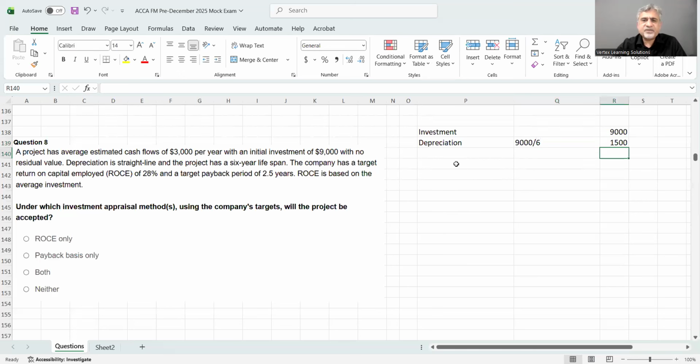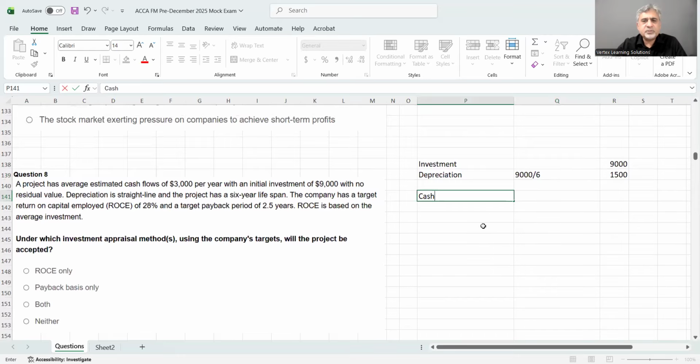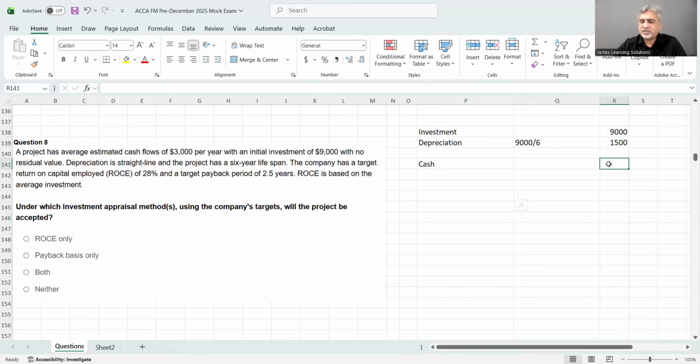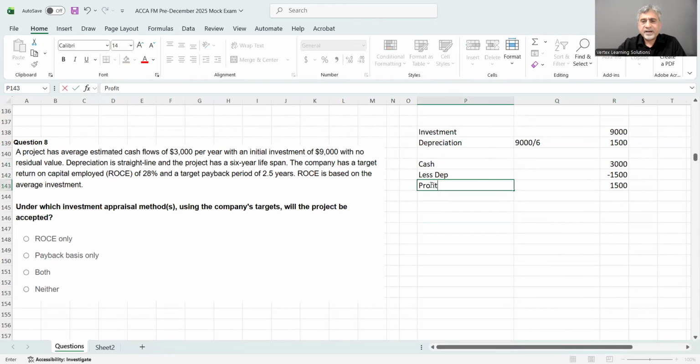So depreciation is 1,500. How much cash do they generate? They generate cash of 3,000. If you subtract the depreciation from the cash flow, you get the profit. This is the average profit.